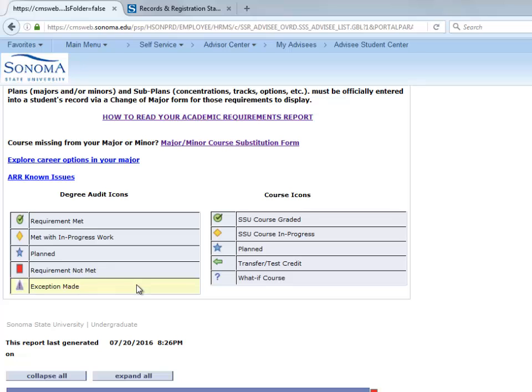For example, your major department has approved you to substitute one course in place of another. In this case, the department would have to fill out a major-minor course substitution form. And lastly, the green arrow, which indicates a requirement being completed by transfer course or a test credit.